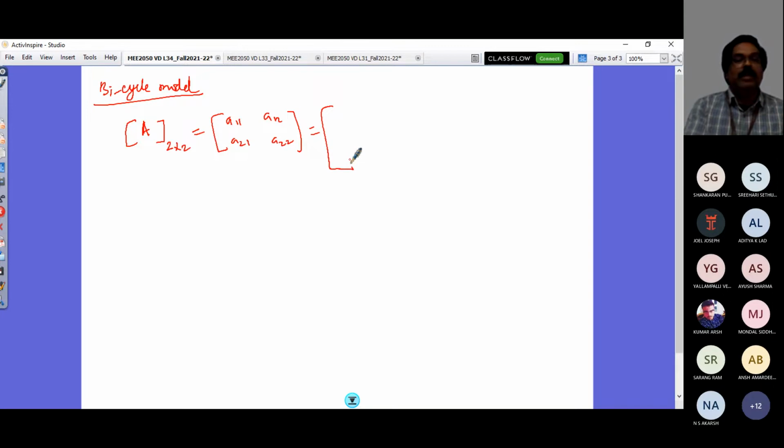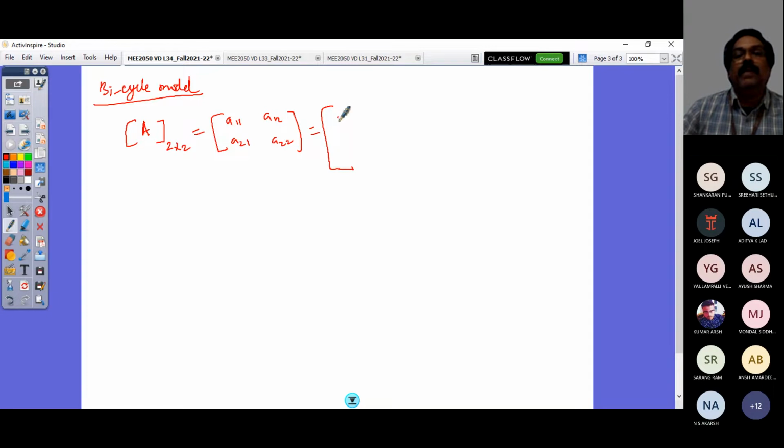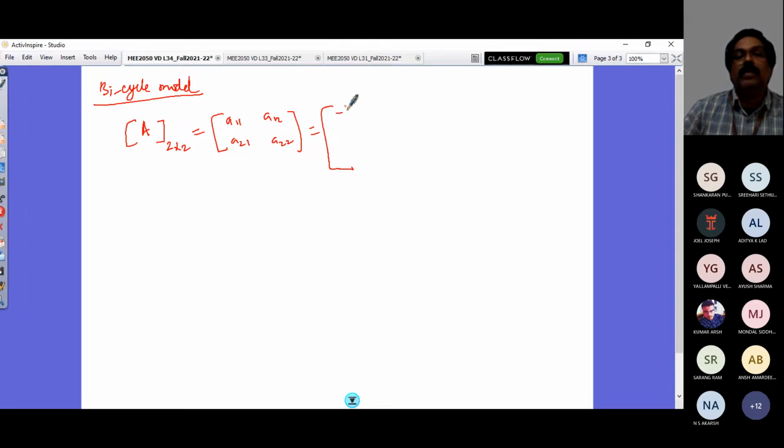Just to recollect, I'll write down those matrix elements so that it can be investigated. So I have C alpha F plus C alpha R by mu. This is my A11 term.